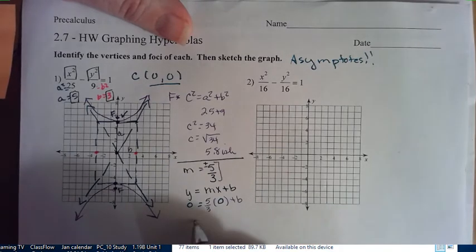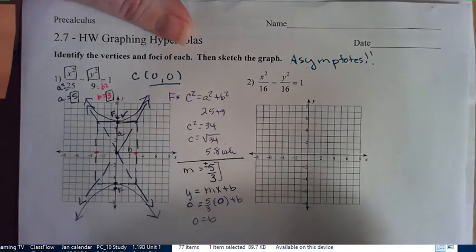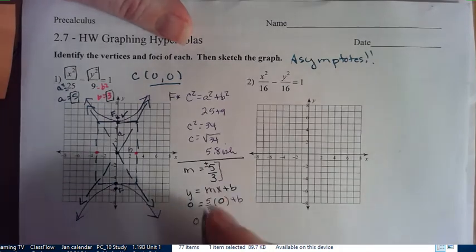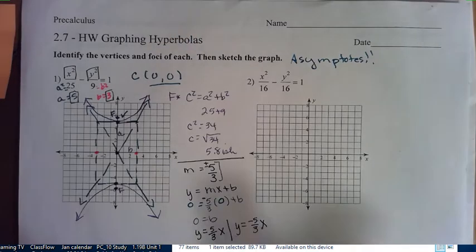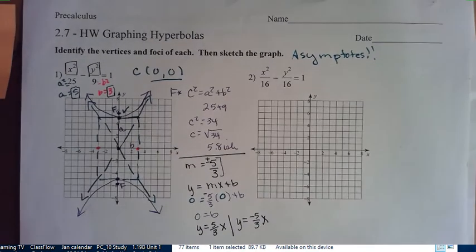Well, all of this comes out to 0. 0 equals b, so that means my first equation is y equals 5/3 x. And then if you plug this in again and make it negative 5/3, you're going to get another equation, because b is still going to come out to 0. So you're going to say y is equal to negative 5/3 x. And in this case, I'm done because I am at 0, 0. Now, you're not always at 0, 0.